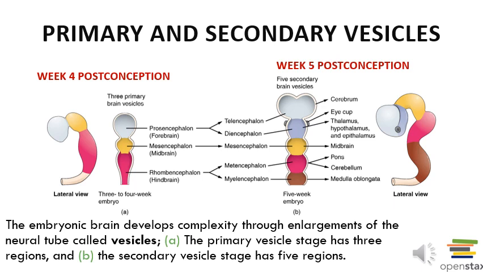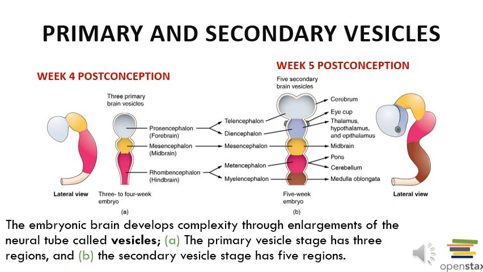So week 4 post-conception, you will need to know there are 3 different regions or sections to the anterior portion of our neural tube. These are referred to as primary vesicles. They're called vesicles because technically the brain is hollow, because you remember this is a neural tube, so there's an opening smack dab in the middle.